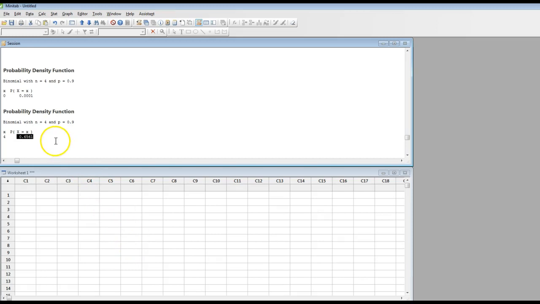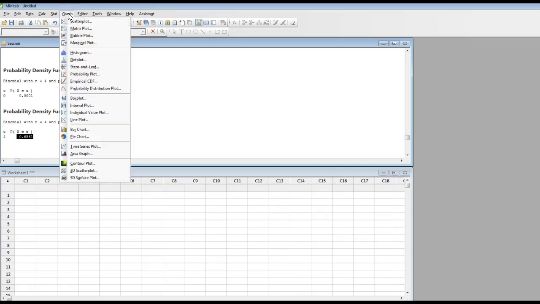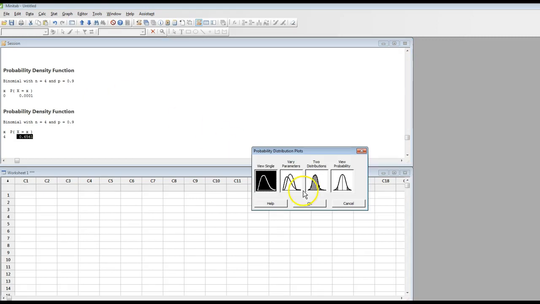What we could do here, in order to see a different flavor of how we use it in Minitab, is look at the graph. That will help us see things graphically. So I'm going to go to the graph, just to add more meaning to the calculation and also to get practice with Minitab. I'm going to go to the probability distribution plot. There we go.